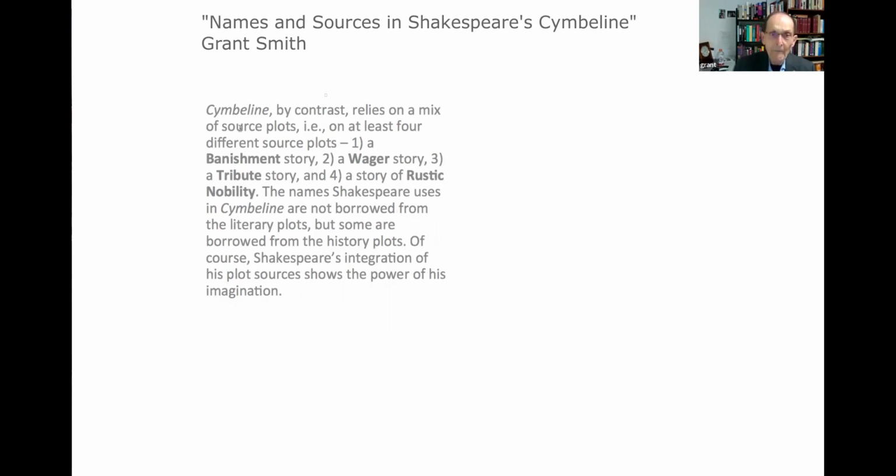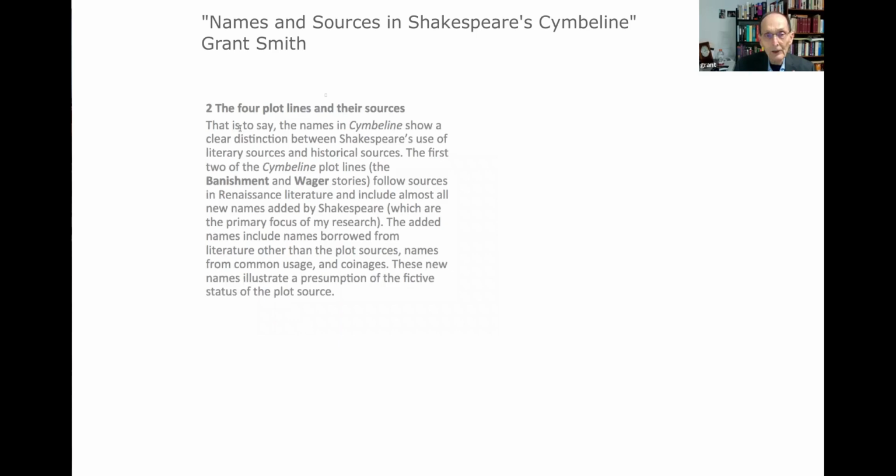That is to say, the names in Cymbeline show a clear distinction between Shakespeare's use of literary sources and historical sources. The first 2 of the Cymbeline plot lines, the banishment and wager stories, follow sources in Renaissance literature and include almost all new names added by Shakespeare, which are the primary focus of my research.